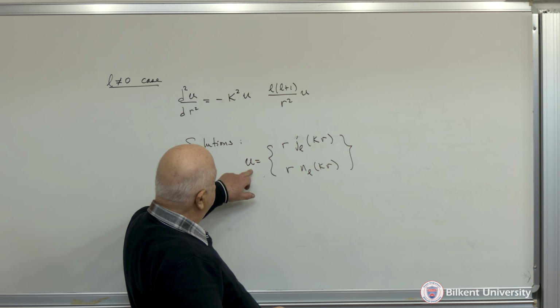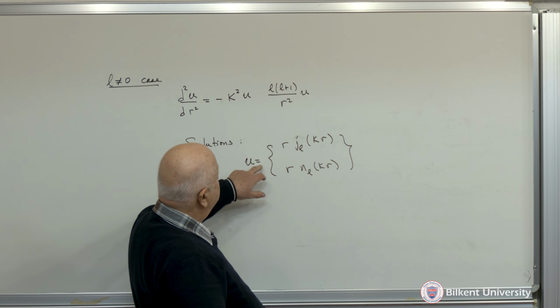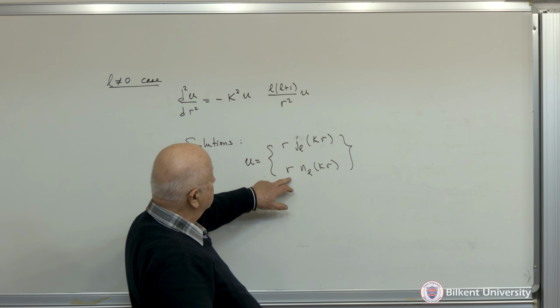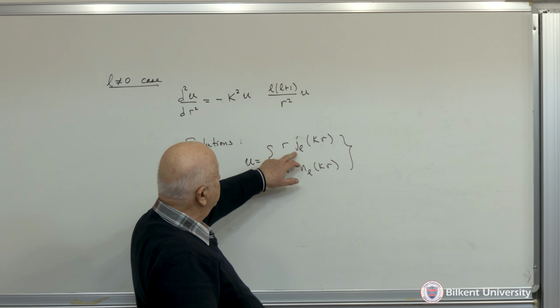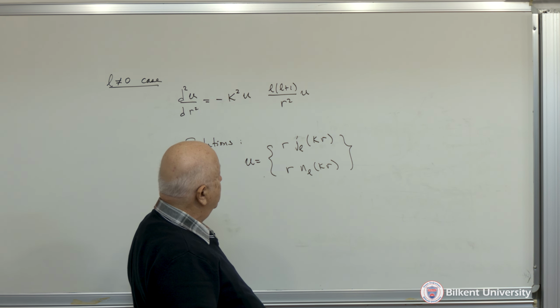So you see the R function actually just drops these radial functions. So the R of R's are these J L and N L's directly.